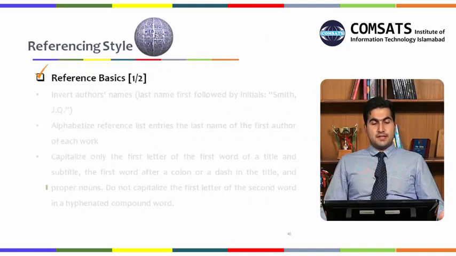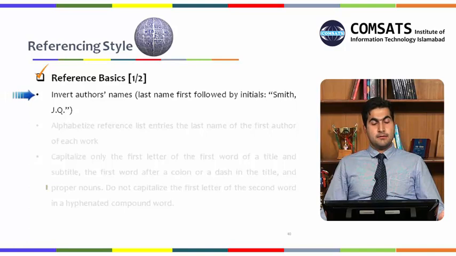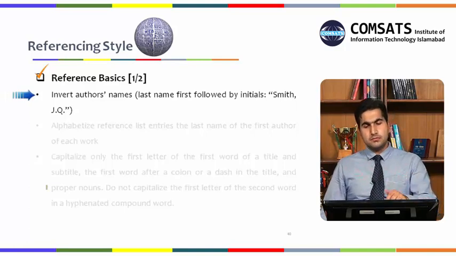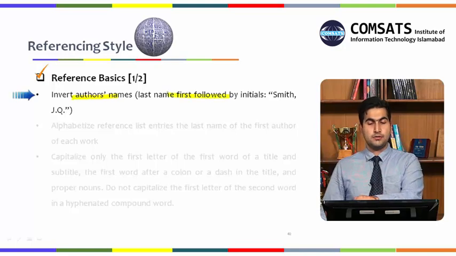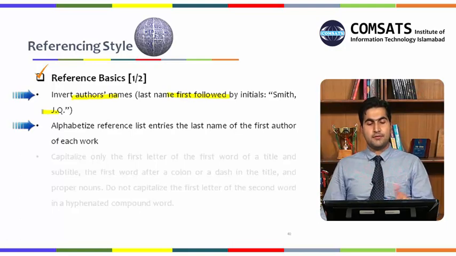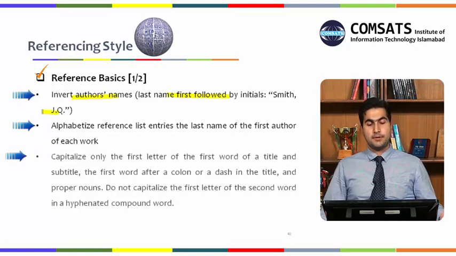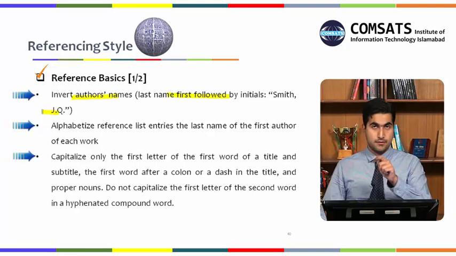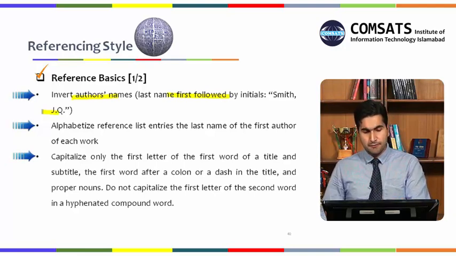Now these are some of the basics. How do you basically write a reference? So you basically invert author's name, last name followed by their initials, Smith, J, Q. You alphabetize your reference list entries. As I mentioned earlier, you capitalize only the first letter. This is important. You capitalize only the first letter of the first word of your title.